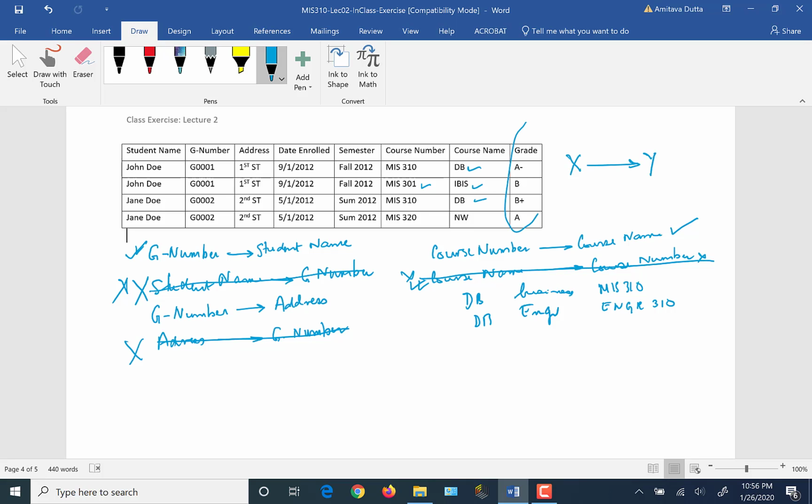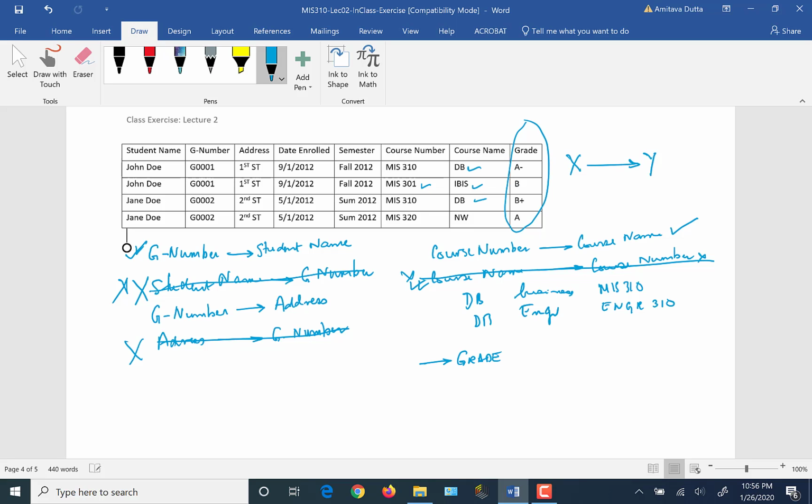So remember this third theme. In a previous tutorial, I had said that this table has another theme, which is grade. So we have information about courses, information about students, and information about grades. So there are 3 themes in this table. So what about grade? In order to determine grade, grade is the dependent.